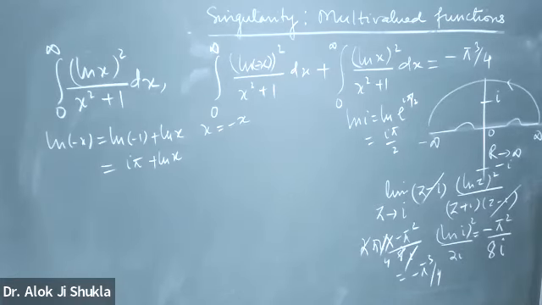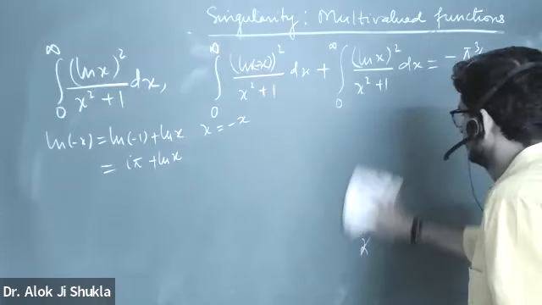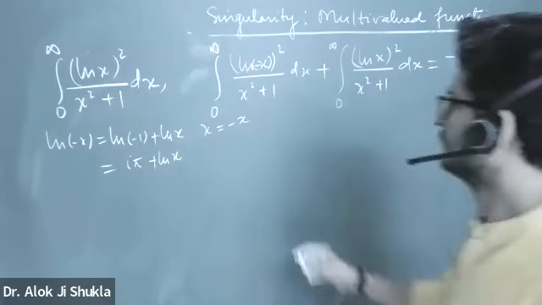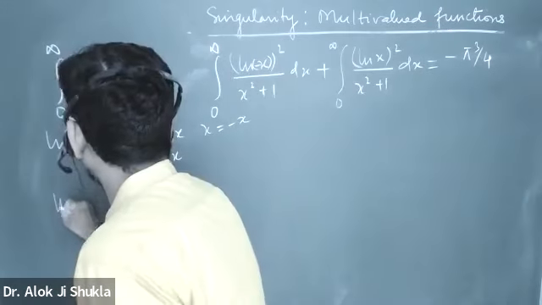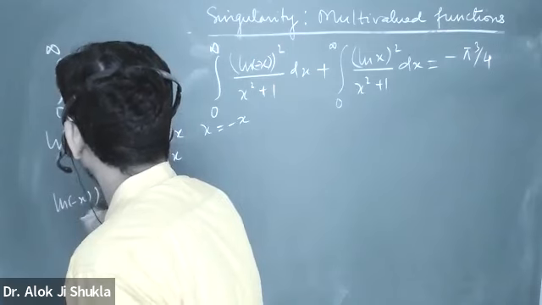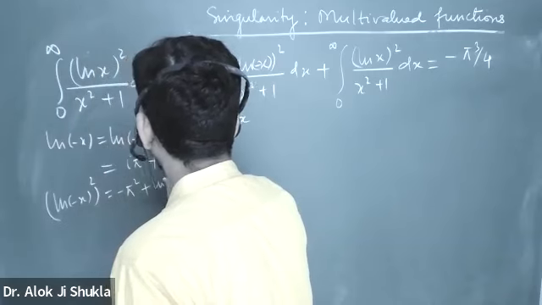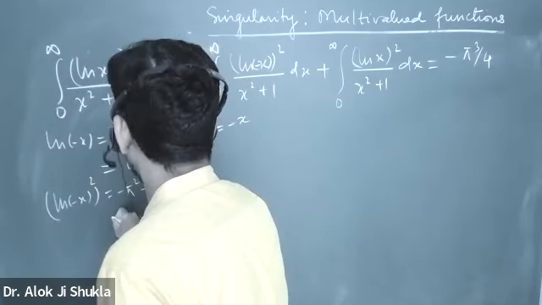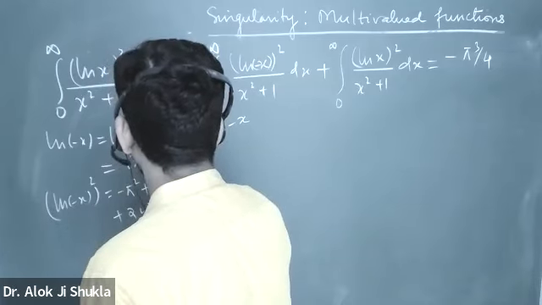Log of AB is equal to log A plus log B. And this will become this square. So log of minus x whole square will become minus pi square plus ln x whole square plus 2 iota pi ab.